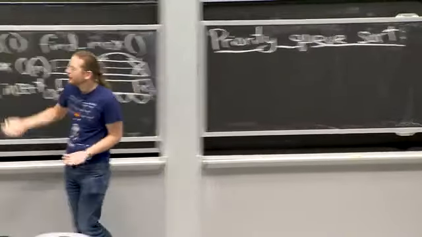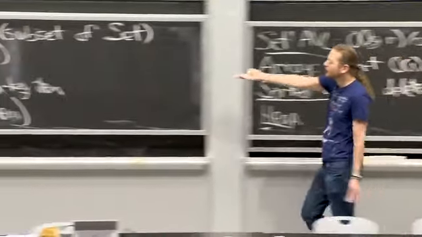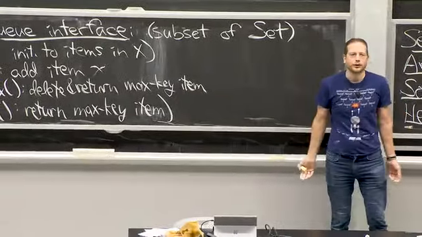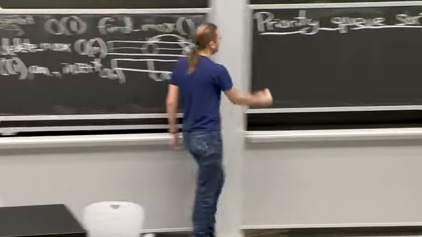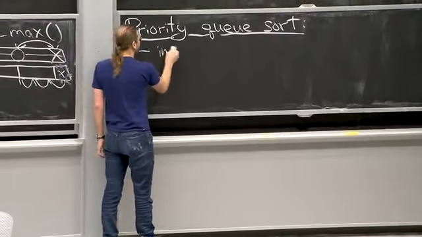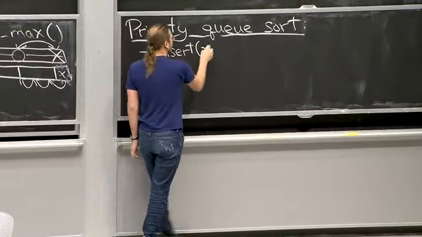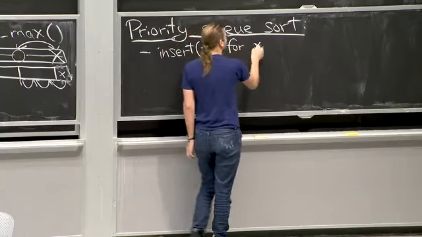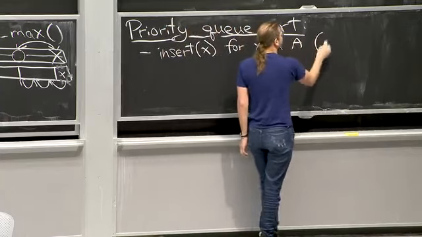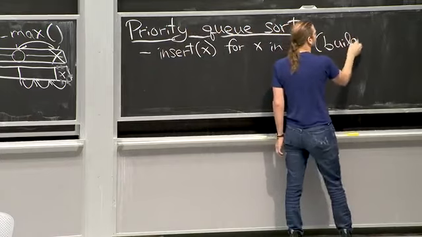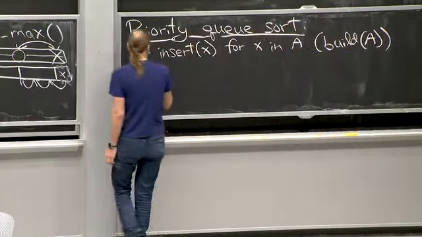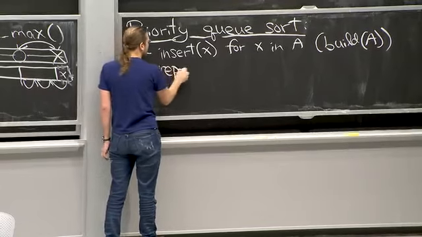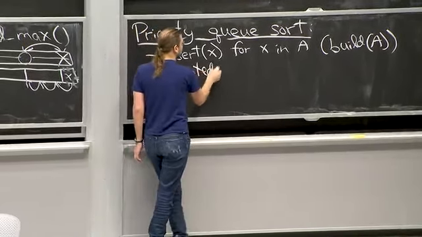Because when I delete them, they come out largest first, I get them in reverse sorted order. Then I could reverse in linear time, and I've sorted my items. So we can insert x for x in A, or build A, and then repeatedly delete max.